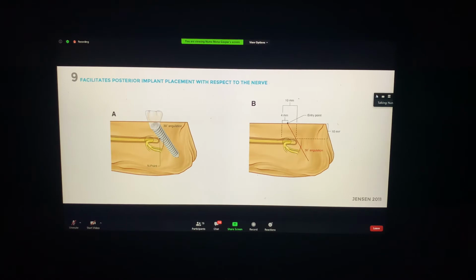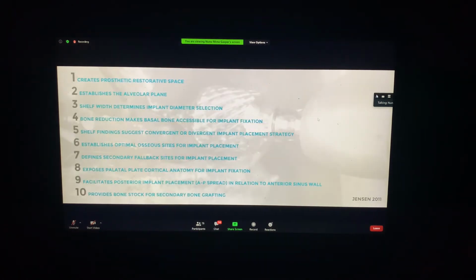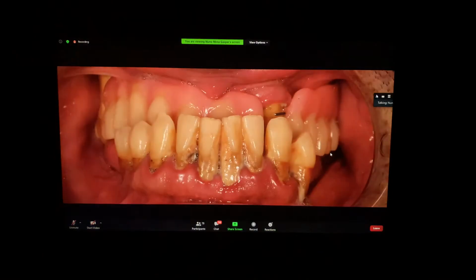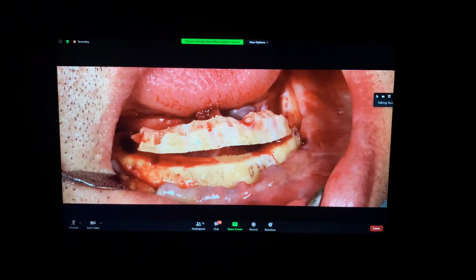And also we can use the bone to do graft. Like in this case, we needed to do a big bone reduction because this guy was a big class 3.